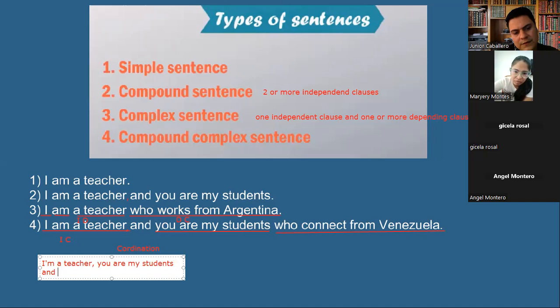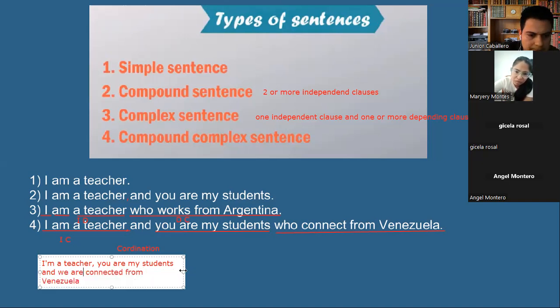Pero así no tendría mucho sentido. We quedaría mejor. We connected from Venezuela. Yo soy un profesor, ustedes son mis estudiantes y estamos, queda mejor. And we are connected from Venezuela.